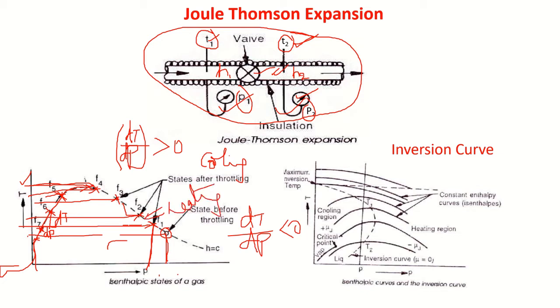So at this point, dT by dP is equal to 0. Here, heating to cooling is happening.